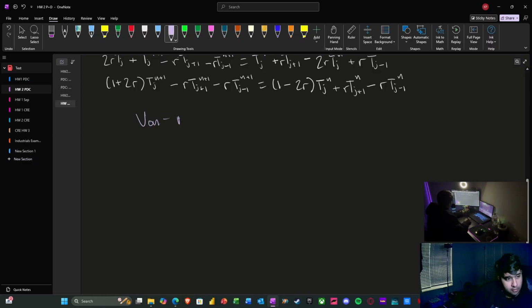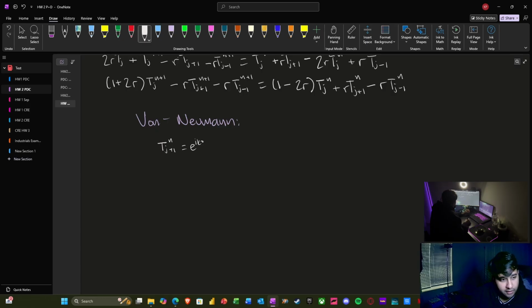So, utilizing some of the equations that we found in part C, specifically T_(j+1)^n equals e^(ikx) times T_j^n, where T_(j+1) is equal to e to the negative alpha k squared t times e^(ik(j+1)delta x), and our T_(j-1), where it is e^(-ikx) T_j^n.